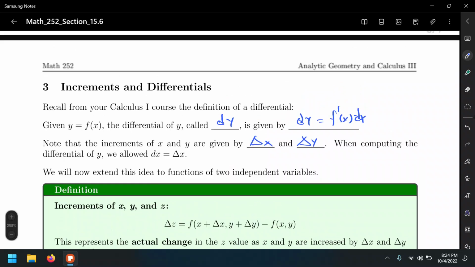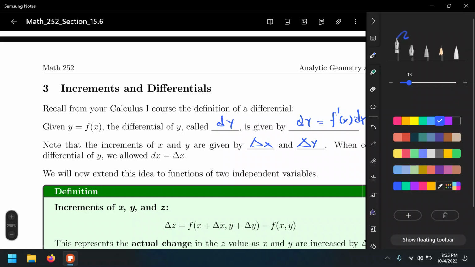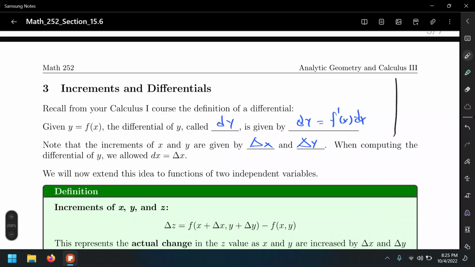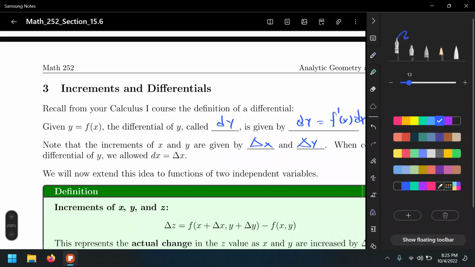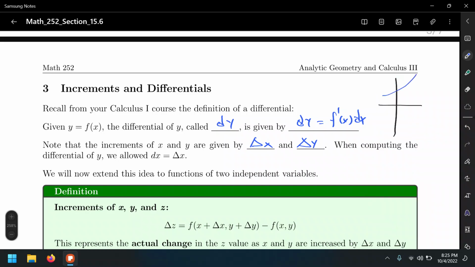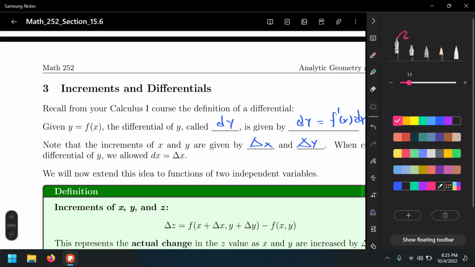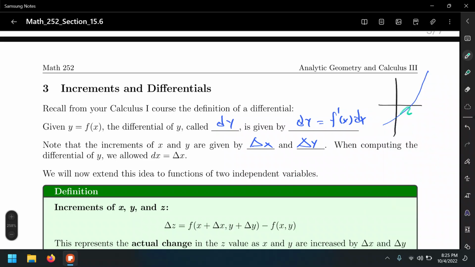And what's the picture for this? Back in Calc 1 as well, we had some function and the equation of a tangent line at one given point.